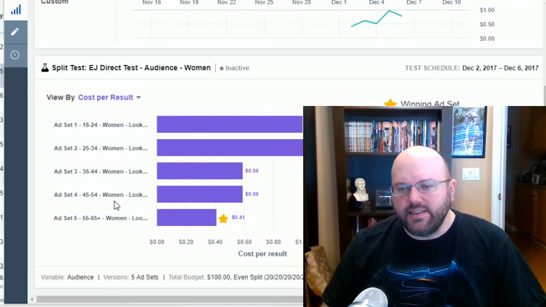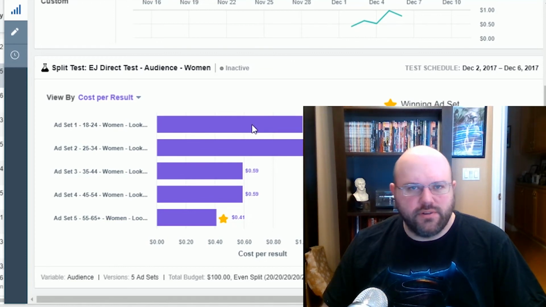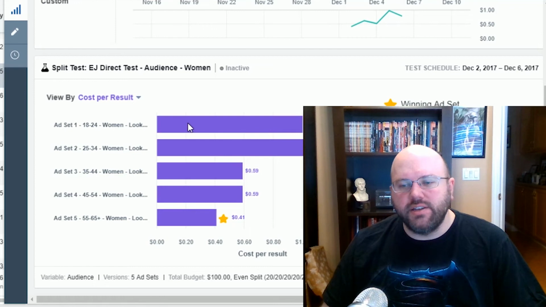Now, if we look at this, over the course of this ad, the 18 to 24 demographic cost $1 per result, or in this case, per click. So it's costing me $1 to get clicks from women who are between the ages of 18 and 24. That number went up when we got to the demographic of women aged 25 to 34.